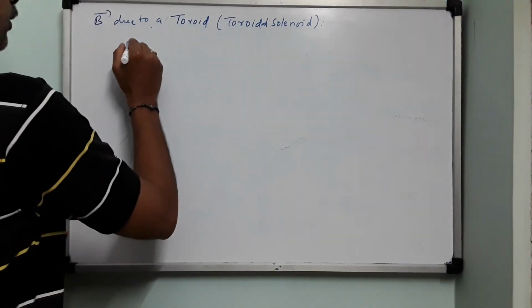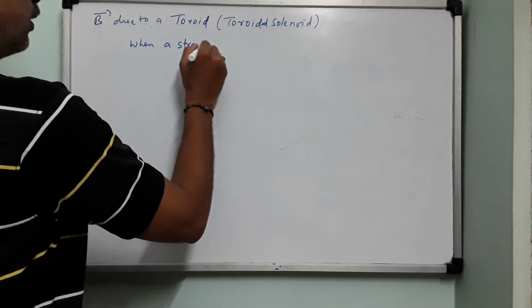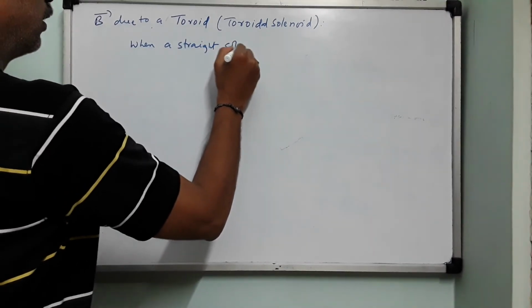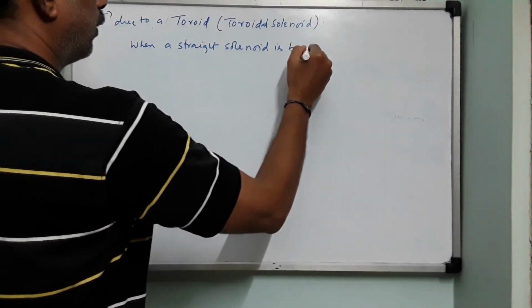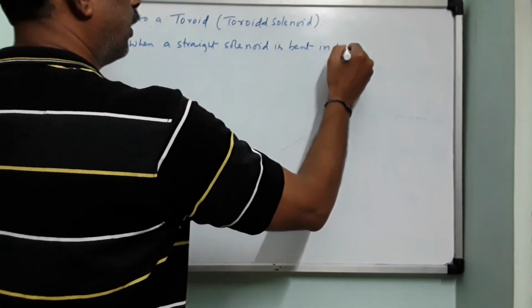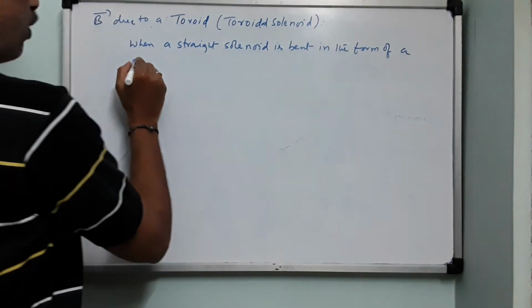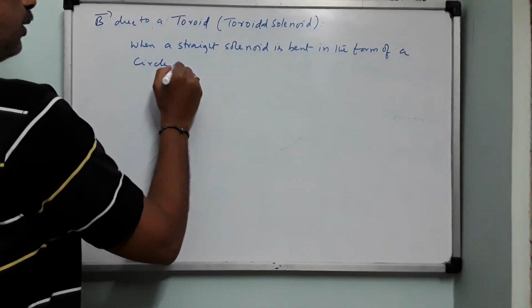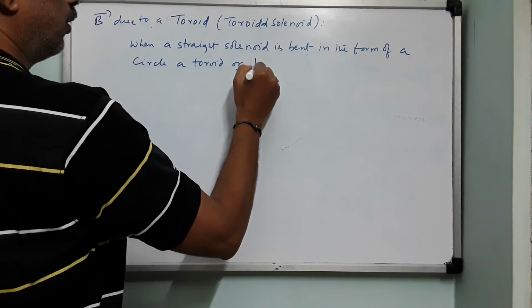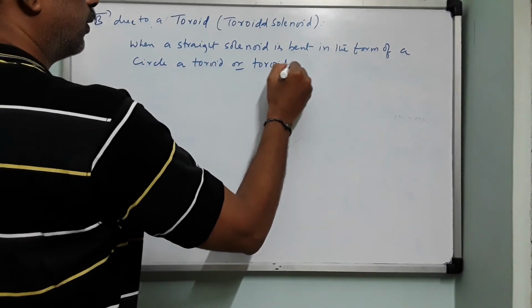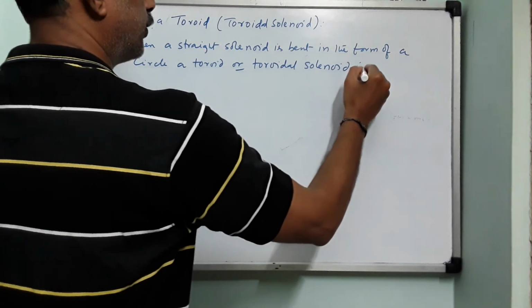So when a straight solenoid is bent in the form of a circle, a toroid or toroidal solenoid is obtained.